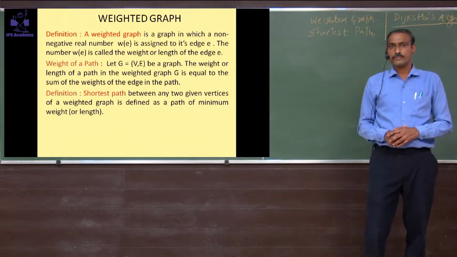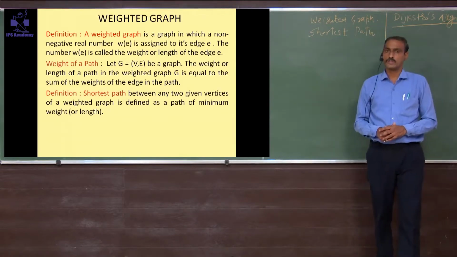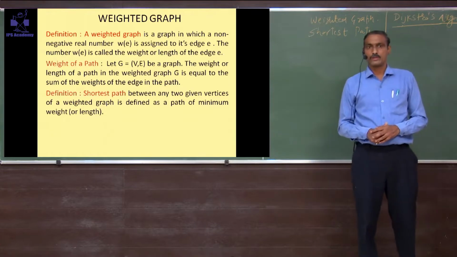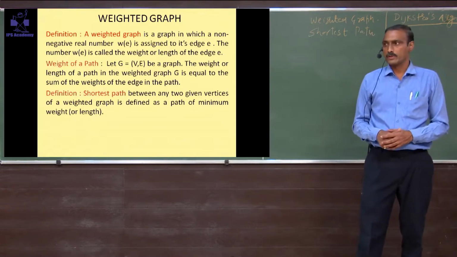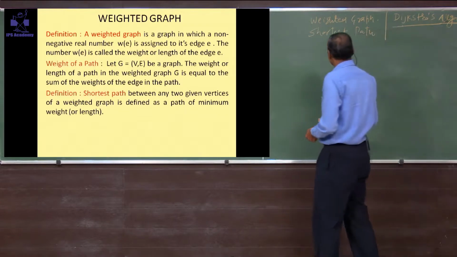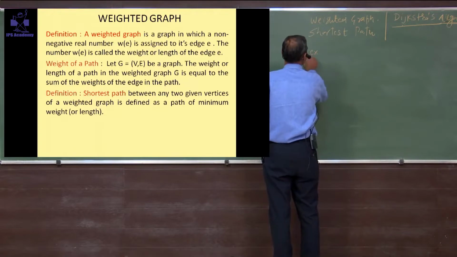A weighted graph is one in which a non-negative real number w(e) is assigned to its edges e. The number w(e) is called the weight or length of the edge e. For example, we consider a graph.